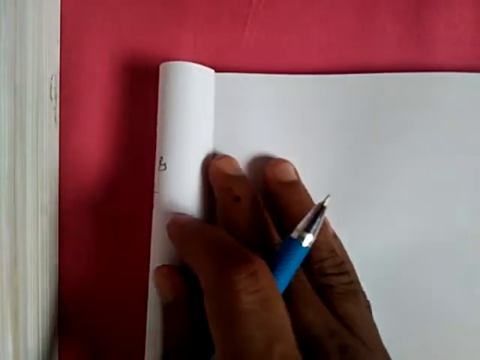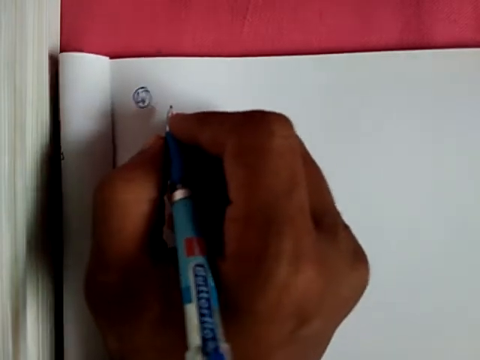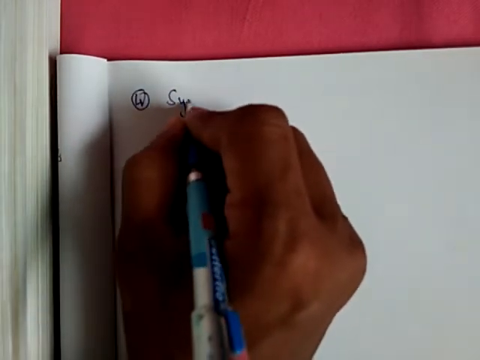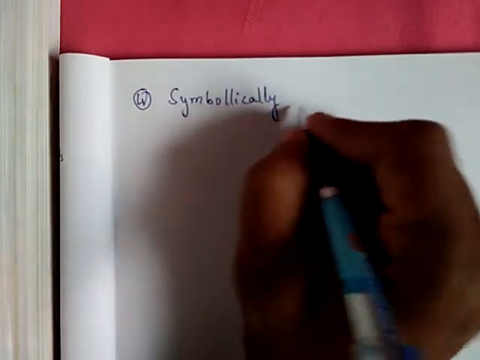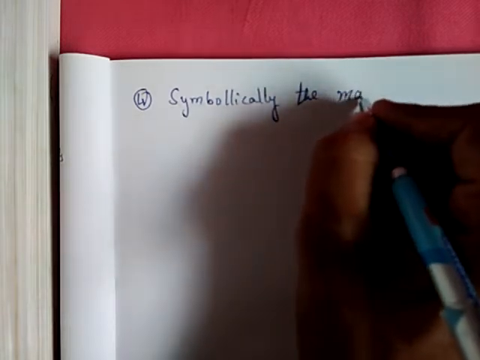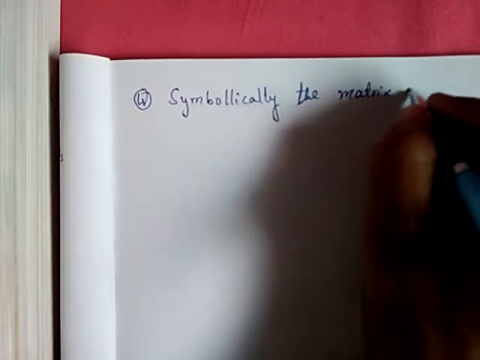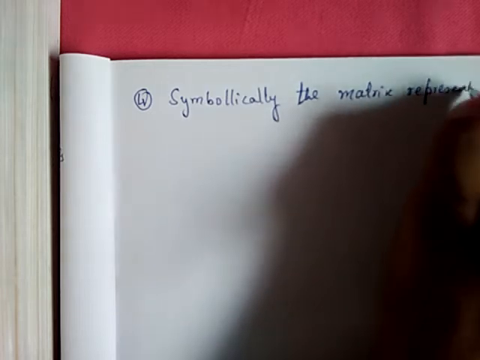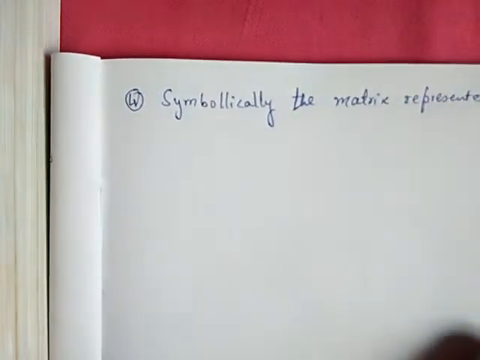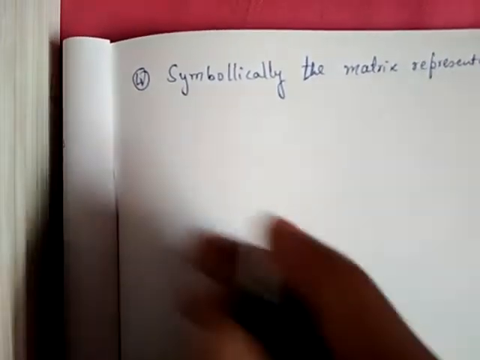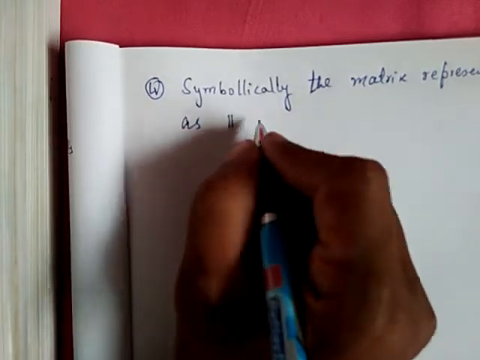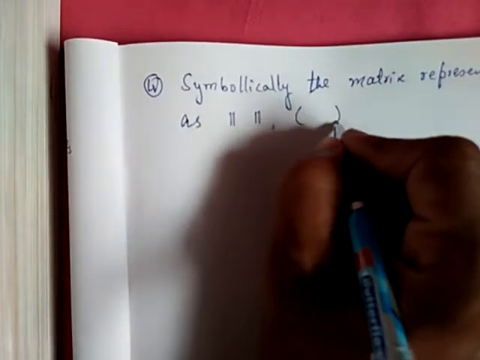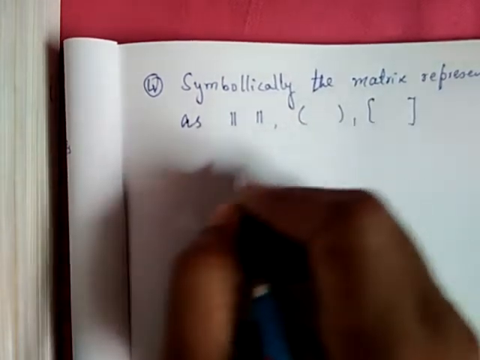Okay, symbolically you can write one more point, point number 4 you can say now. Symbolically the matrix is represented like this, or like this, or this one. Okay, all can be done.